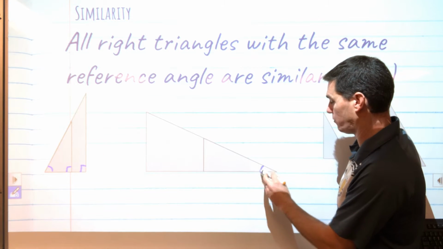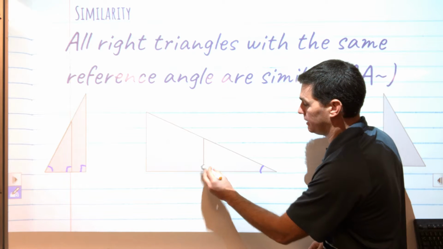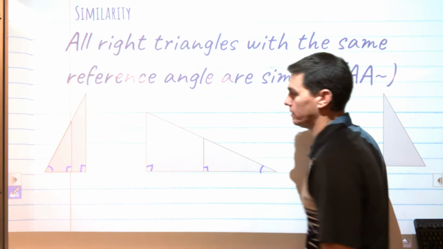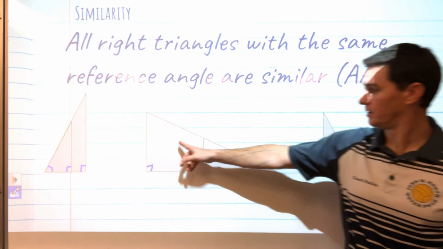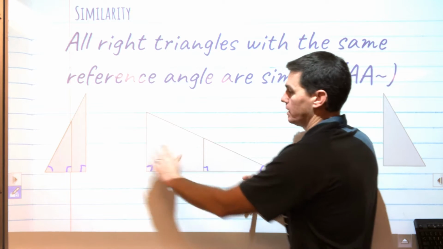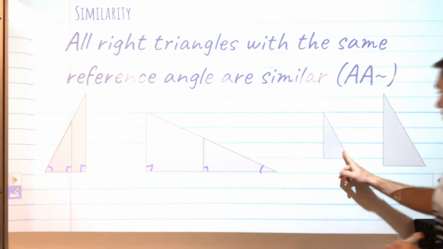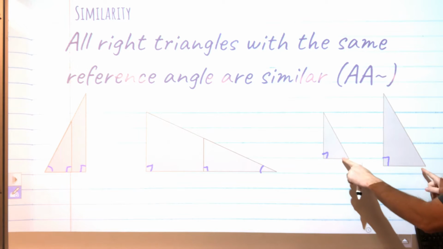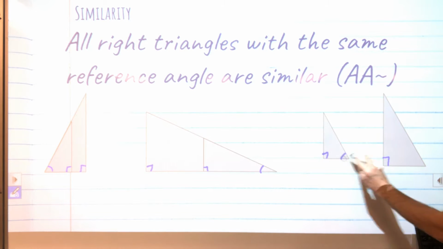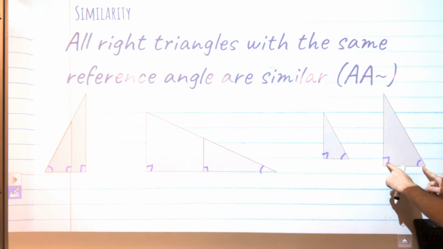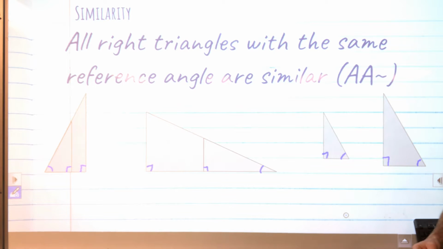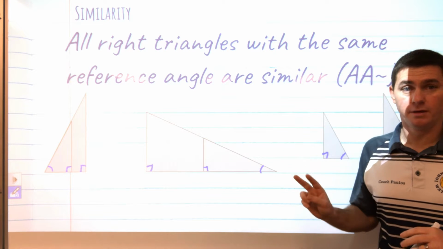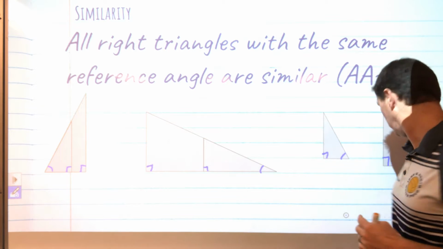Okay, over here, same reference angle with a 90 degree and a 90 degree creates two similar triangles, our smaller version and our much larger version. Even over here, if we have a right angle and if the reference angle is congruent, then we have angle similarity.